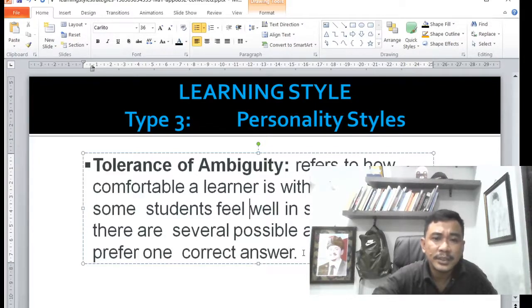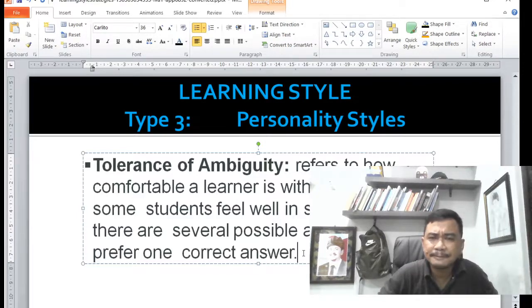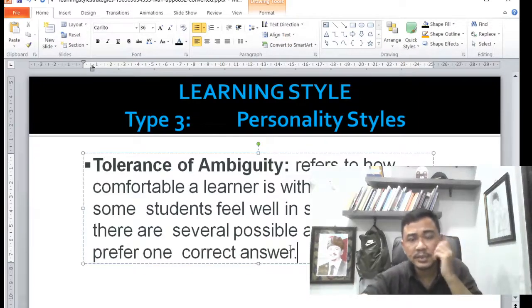Others prefer one correct answer. Some people don't like being confronted with multiple answers which are potentially correct. They don't like ambiguity. They want certainty. So this is personality style.